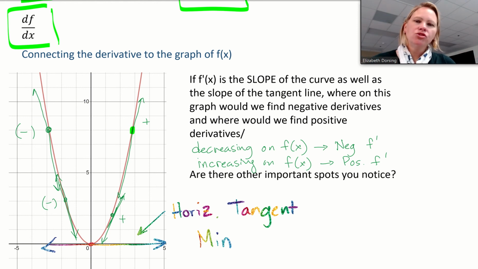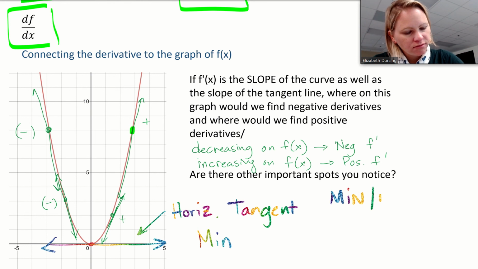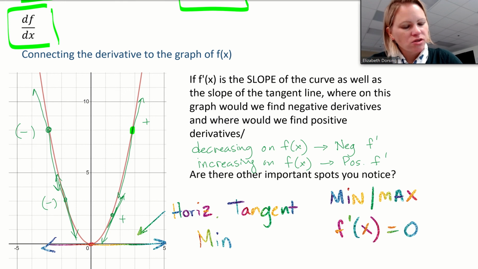So what I want you to remember is that at minimums and maximums, the derivative f prime of x is always going to be 0. Now, I want to make a note that that's not the only criteria, because I can make a sketch of a graph where I have a derivative that's 0, but it's not a minimum.